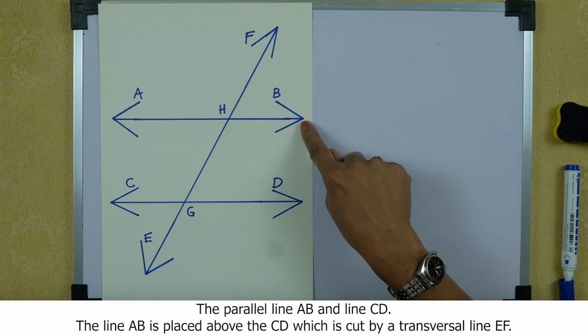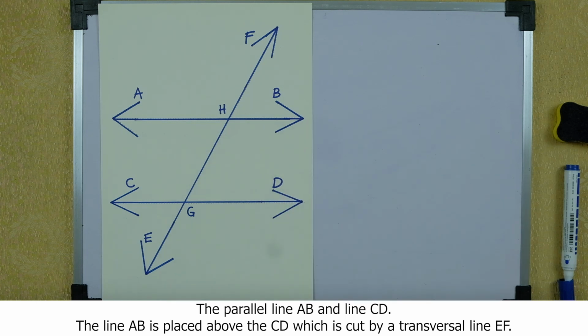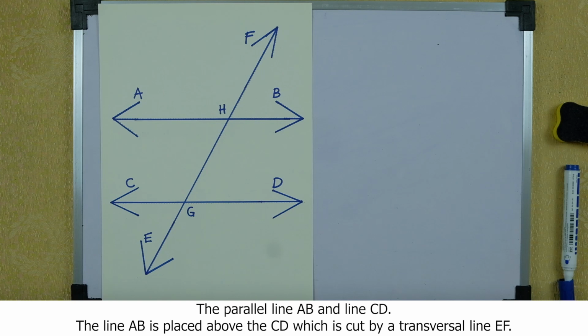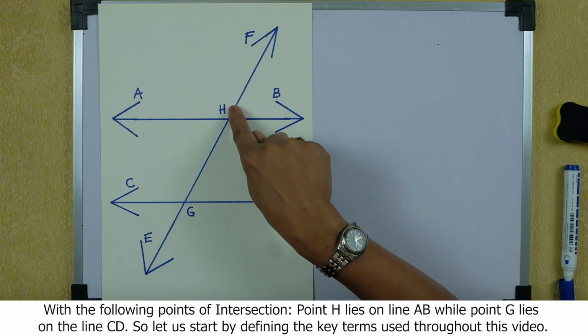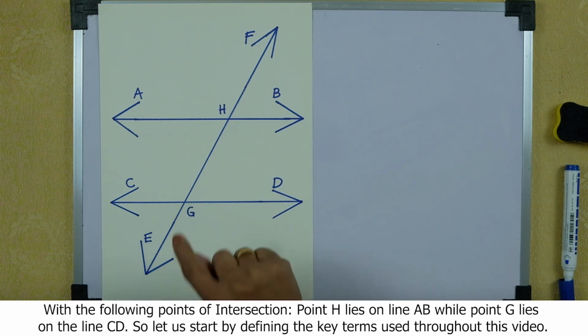Line AB is placed above line CD, which is cut by a transversal line EF, with the following points of intersection. Point H lies on line AB, while point G lies on line CD.